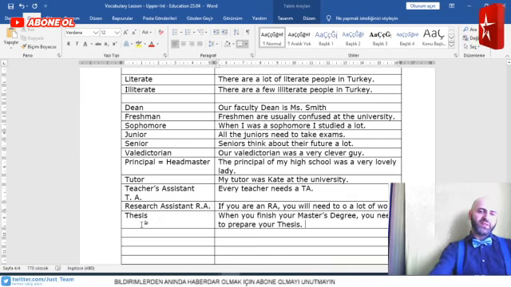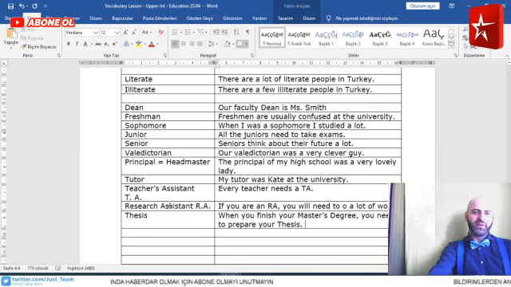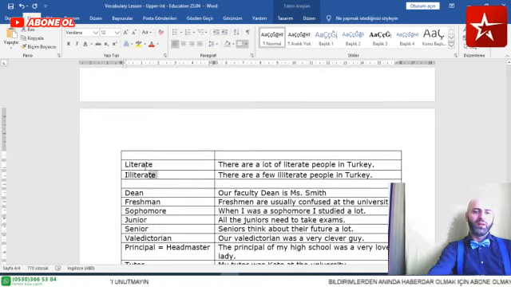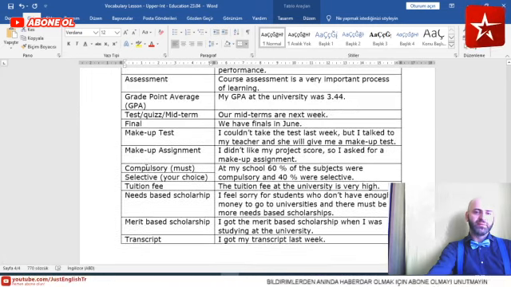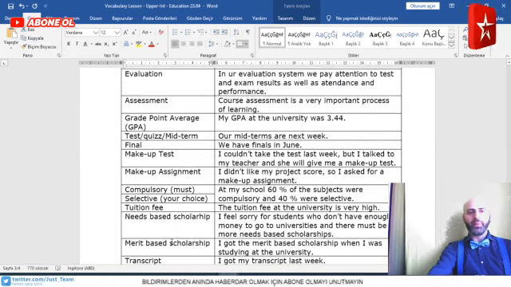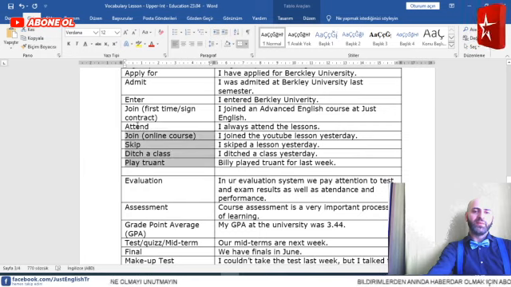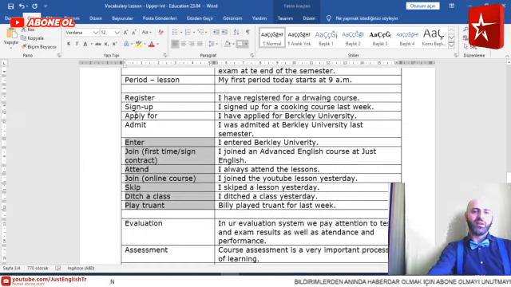So during the second lesson today we have learned people at the university, some adjectives, and evaluation and papers about university and school, and the verbs which we can use when we are talking about lessons.